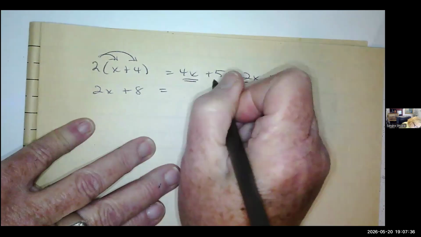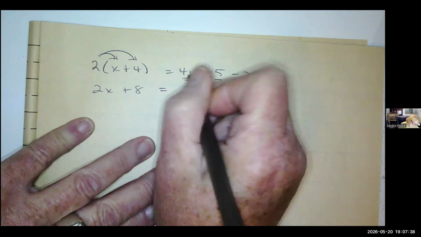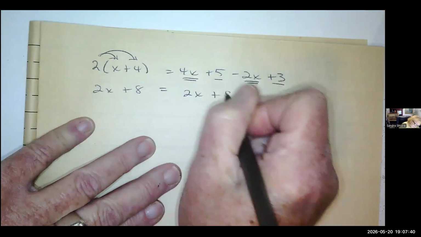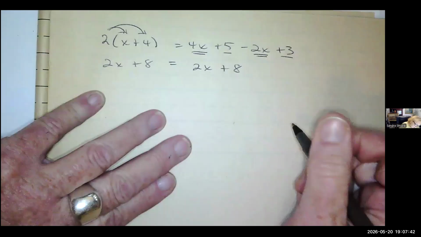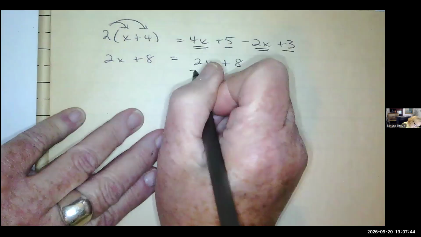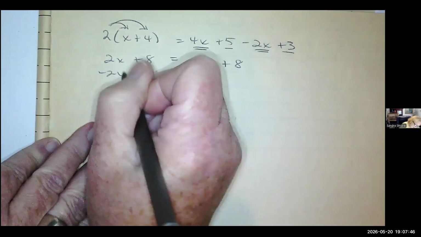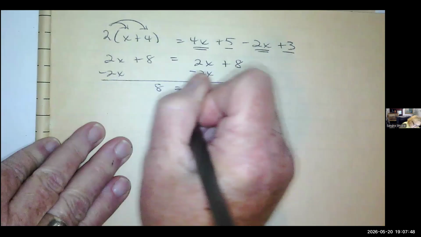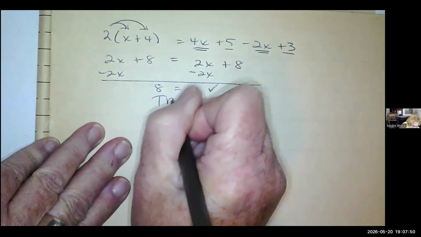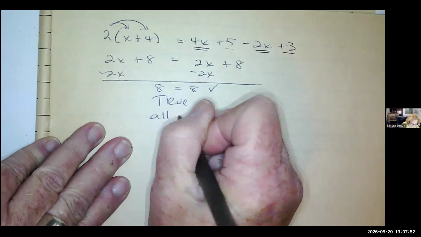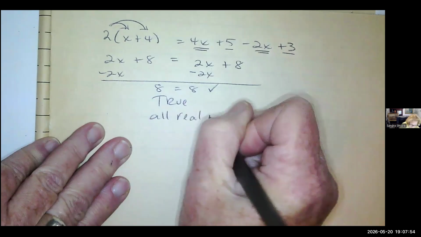So 2x plus 8. Well, they're even, so that's going to be great. Subtracting 2x from both sides. 8 is equal to 8. Yay. So that's true. All real numbers are solutions.